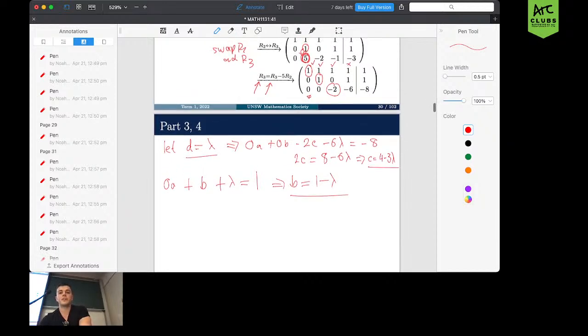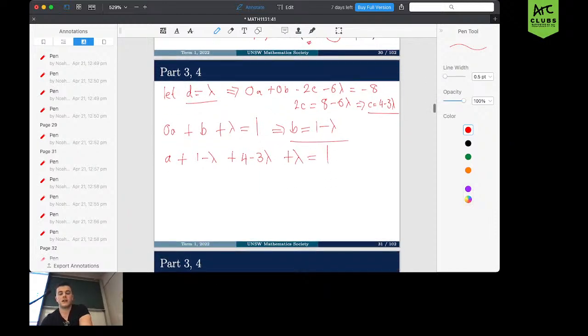Okay, now we're going to go for the top row, and we're going to say 1a plus 1b, but what is b? b is 1 minus lambda, plus 1c, so that's going to be plus 4 minus 3 lambda, plus 1d, d is just lambda, and that's going to be equal to 1. Okay. Collecting stuff, what we get is a.